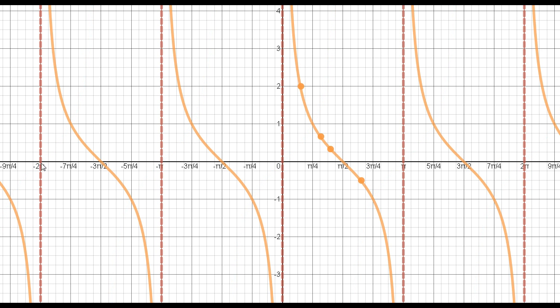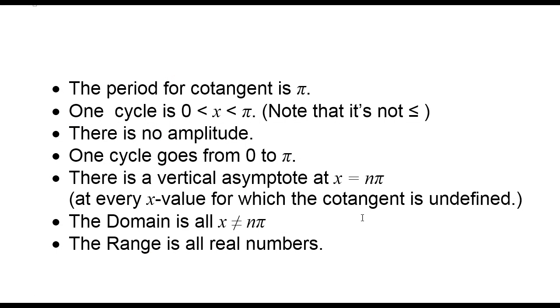So here you see the graph of just cotangent. It's going to cross the x-axis where our tangent graph had asymptotes, and it's going to have asymptotes where our tangent graph crossed the x-axis. Okay, so here's the summary for cotangent. We know the period is pi units. One cycle is going to go from 0 to pi.